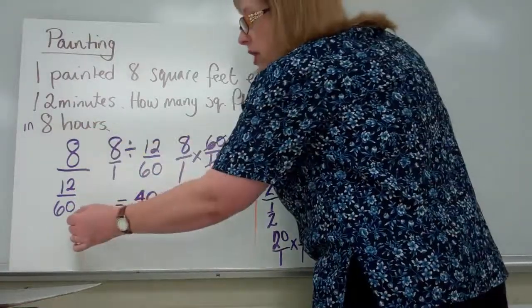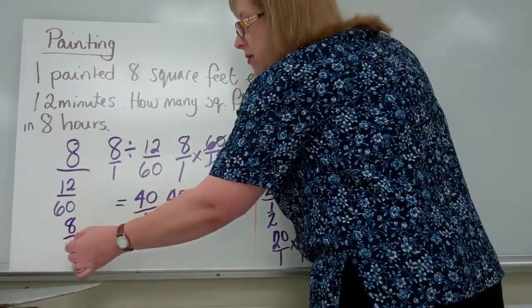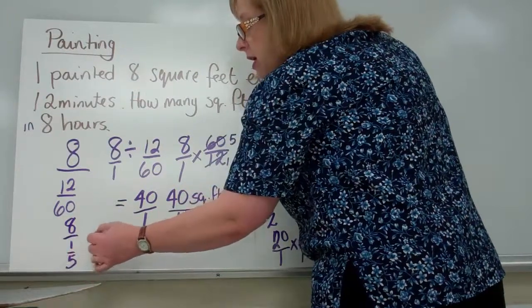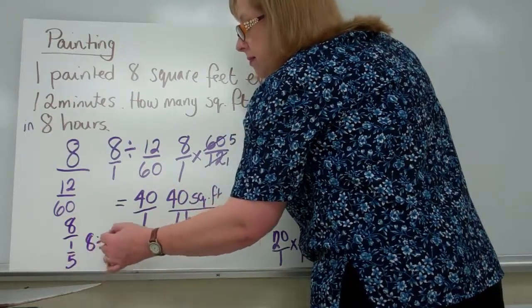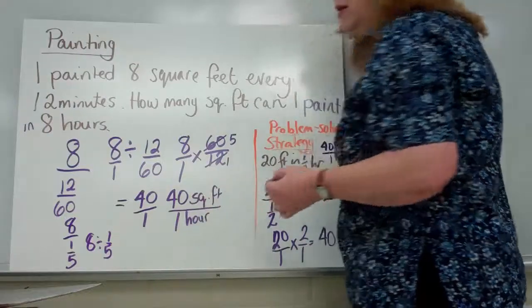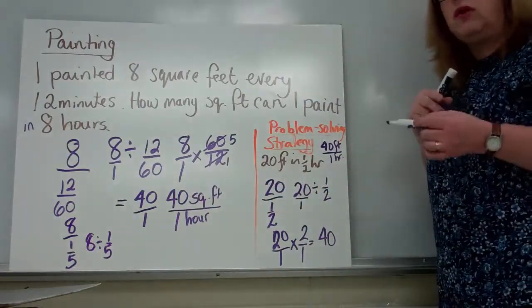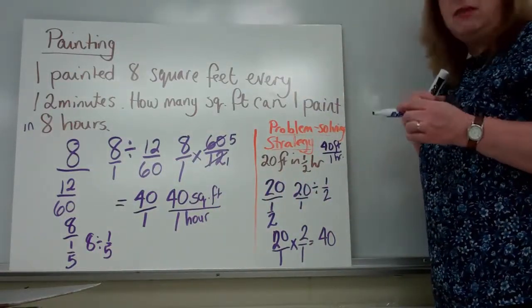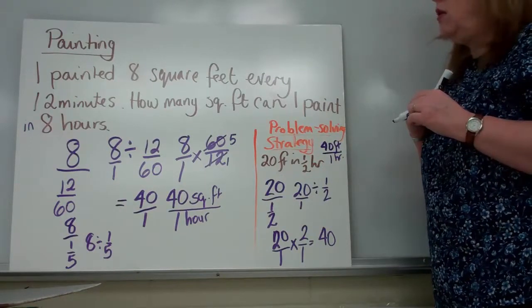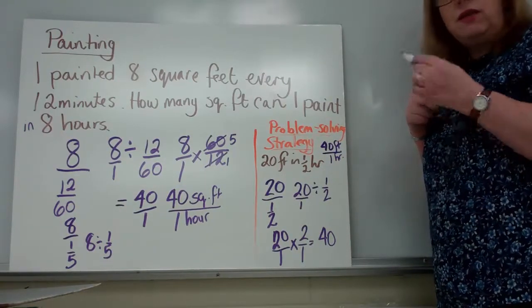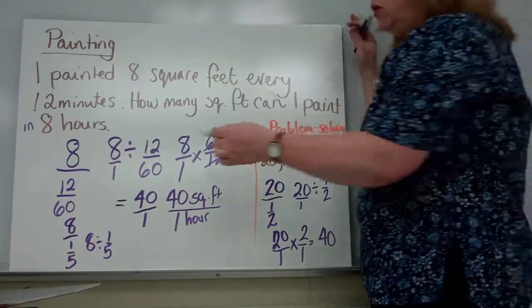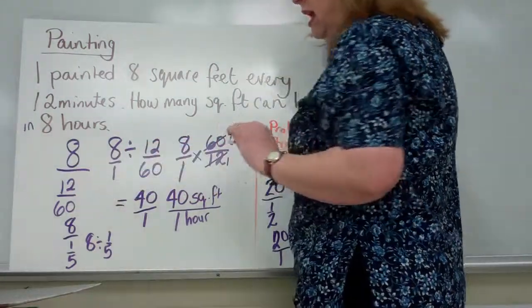And again, we could have done this 8 divided by 1/5 here and showed it here, if you know that. But if you don't have something like 12, if you had 10 minutes, then that's 1/6 of an hour. If you had 15 minutes, that's 1/4 of an hour. But if you don't know, you can always use how many minutes out of an hour.